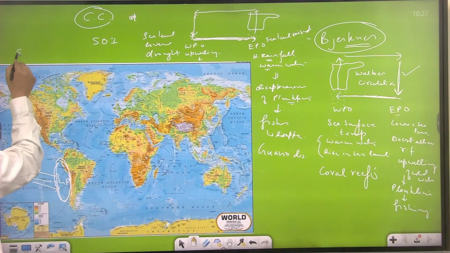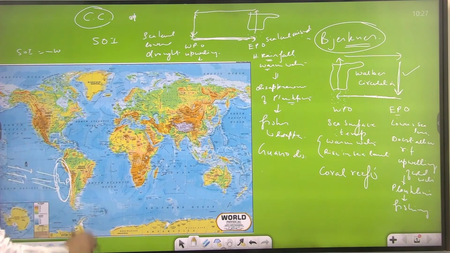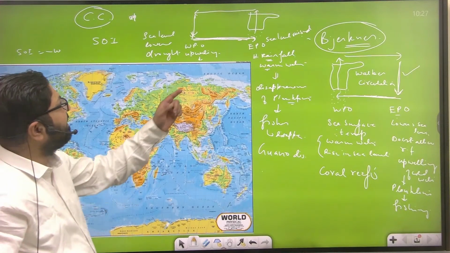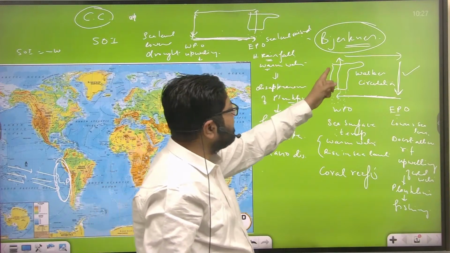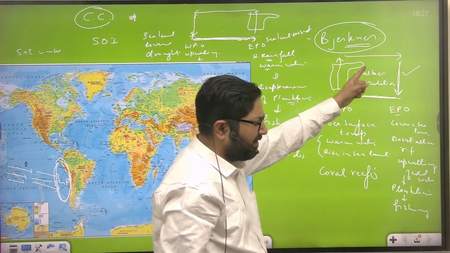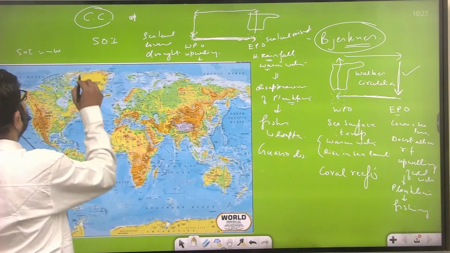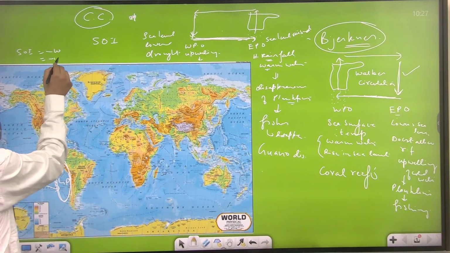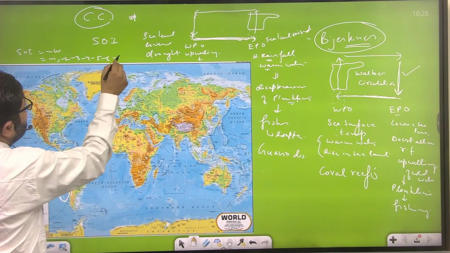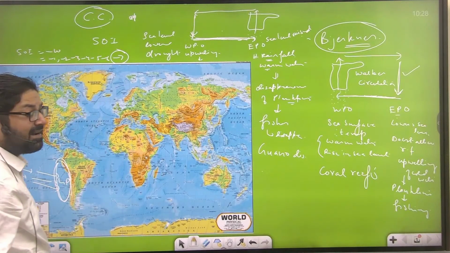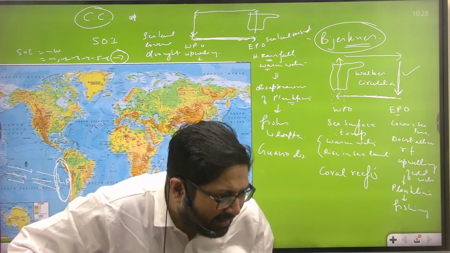If the Southern Oscillation Index is negative, this means the Walker circulation starts becoming weak and it reverses. Negative means -1, -2, -3, -4, -5, -6. When it is -7 consistently for a few months, then we say El Nino has taken place.